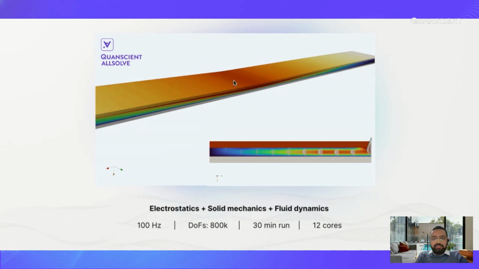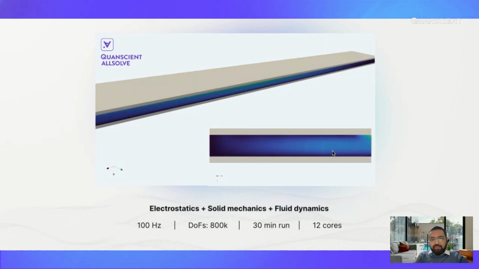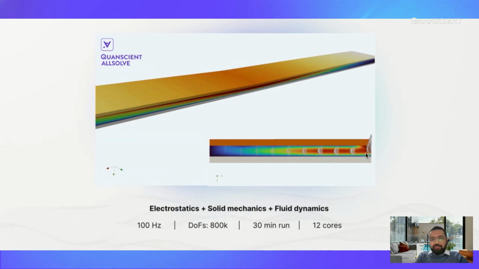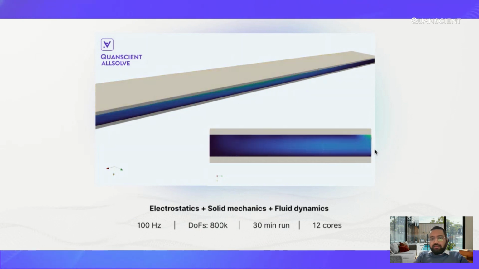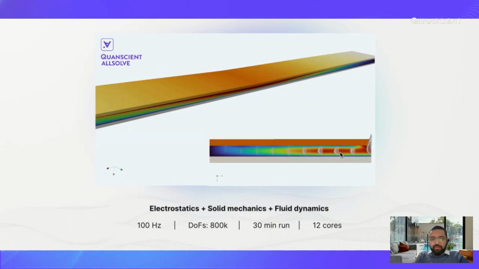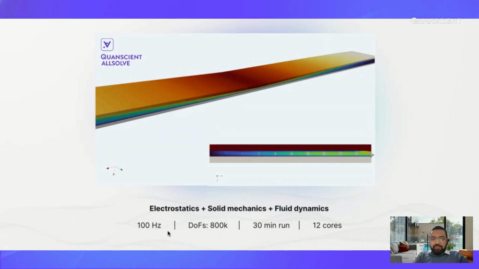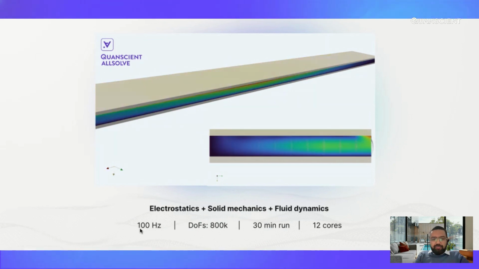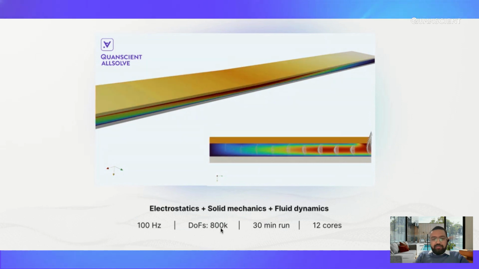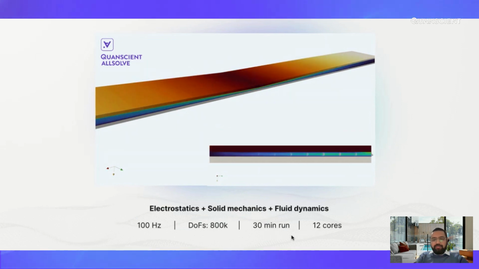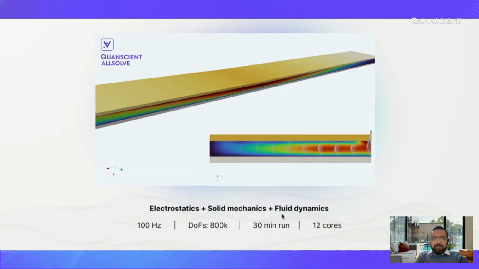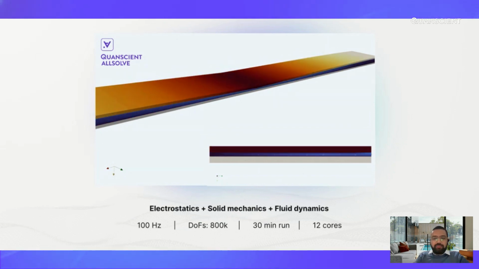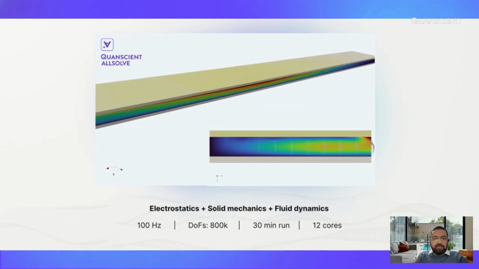So the top plate is deforming harmonically, and as it deforms, it squeezes the air between, and you can see on the bottom left is the section at the center of this plate, and you can see the flow moving in and out. And this was done for a frequency of 100 hertz, 800,000 degrees of freedom, took about 30 minutes on 12 cores, and this includes all physics fully coupled: electrostatics, solid mechanics, and fluid dynamics.